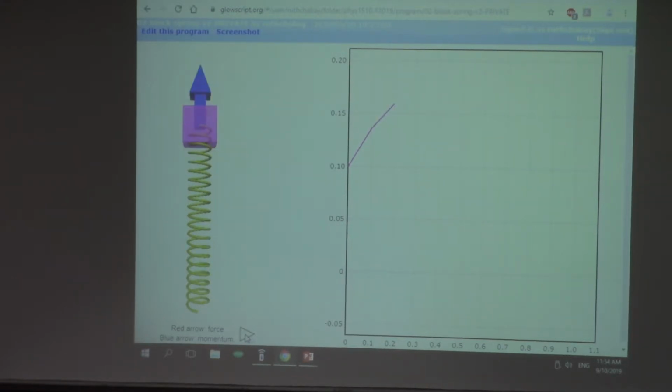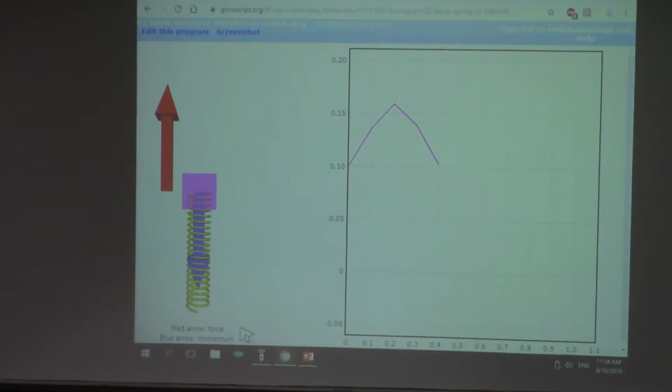So in the next time step, it still moves up. Now we have a big downward force because the spring is now stretched, and the momentum changes in this interval to going down, so the block starts to move down, and now the net force is down, momentum is increasing down.